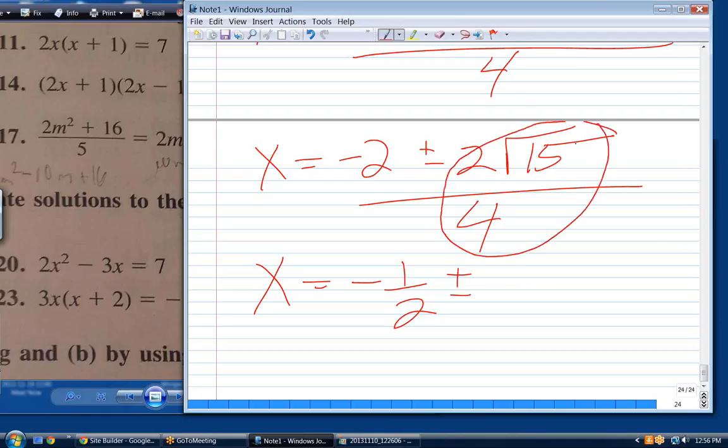Yes, always. Okay, so 1 root 15 over... Just think of it as a coefficient. In other words, don't think of it as 2 root 15 over 4. Think of it as 2/4 times root 15. And then 2/4 obviously becomes 1/2.